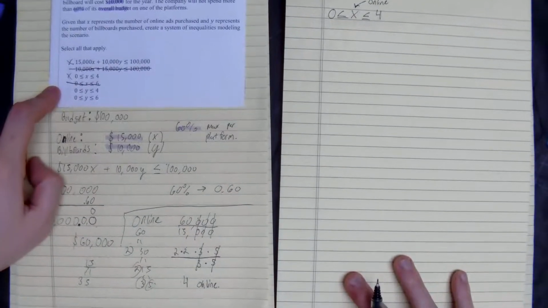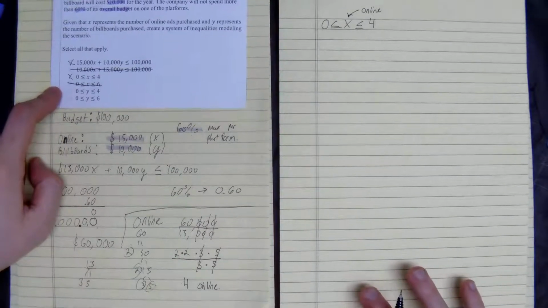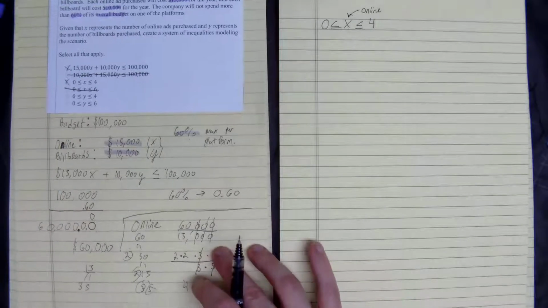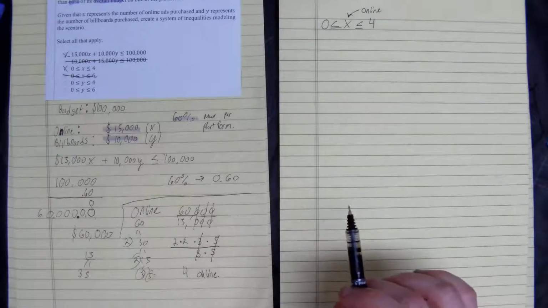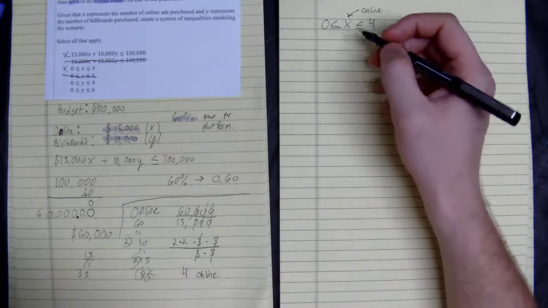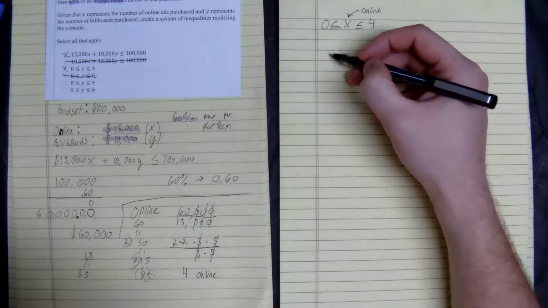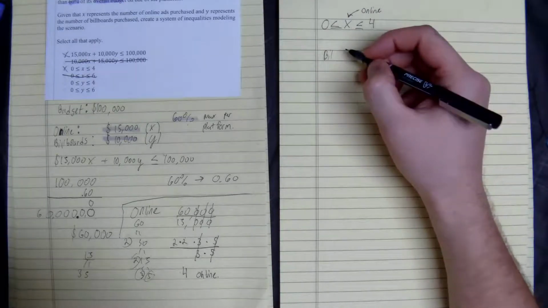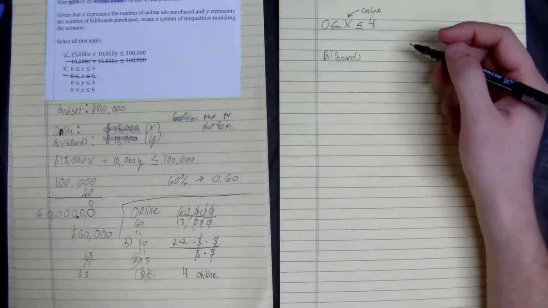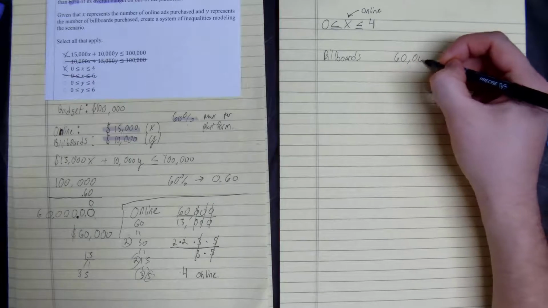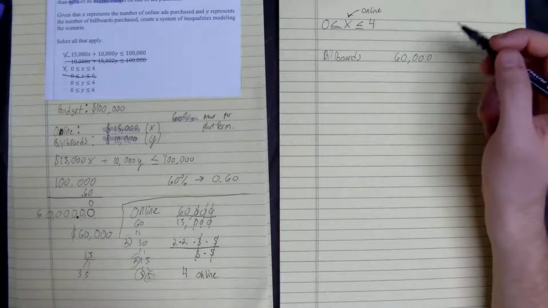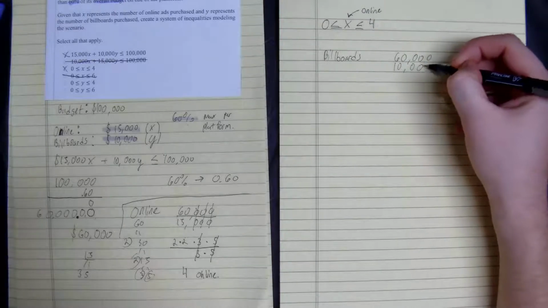I'm going to move this up a little bit so I can see it. All right, next we need to figure out the max using the 10,000. Now we're focused on the realm of billboards. How many times does 10,000 go into 60,000?